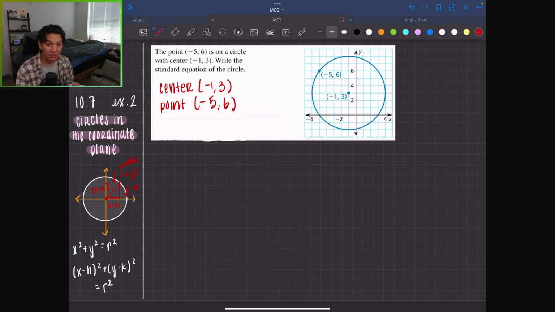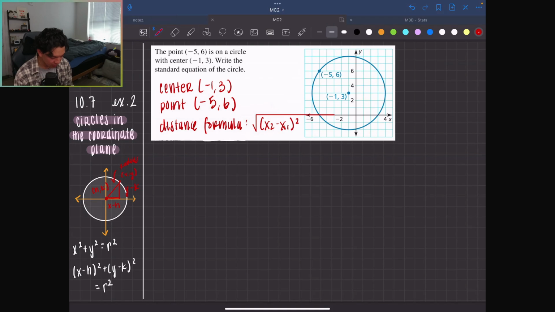The thing that we need to know is the distance formula. The last time you guys probably saw distance formula was in a Math 1 class, but in case you don't remember, distance formula is the square root of your x sub 2 minus x sub 1 squared plus, just kidding, what is it? It is, plus y sub 2 minus y sub 1 squared. Let me rewrite that actually in white over here.